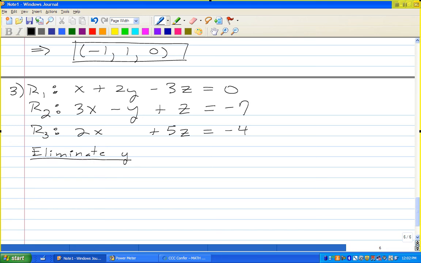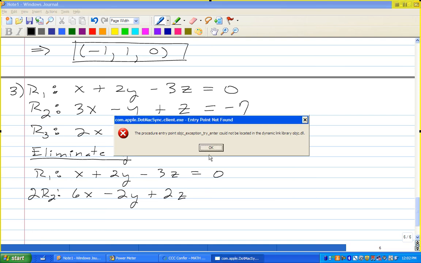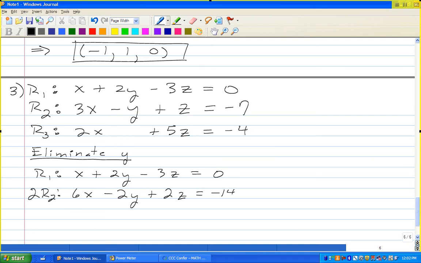And so I'll take R1 and then I'll take 2R2 and I'll add these together.